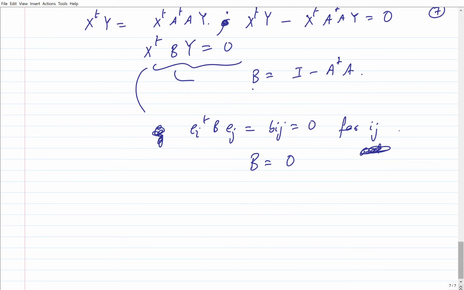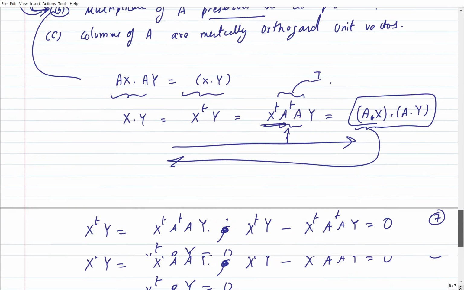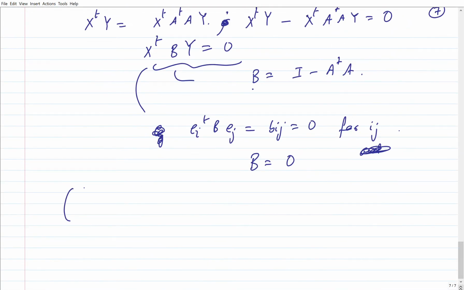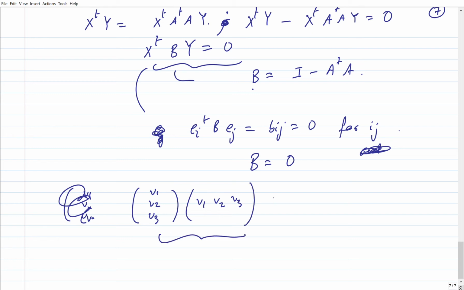We can prove C also, that the columns of A are orthogonal vectors. Well, simply you just stack up the columns V1, V2, V3, and you have V1, V2, V3, the transpose guys. So what does it do? This is basically the matrix multiplication, and that can only happen when the columns are essentially mutually orthogonal unit vectors.